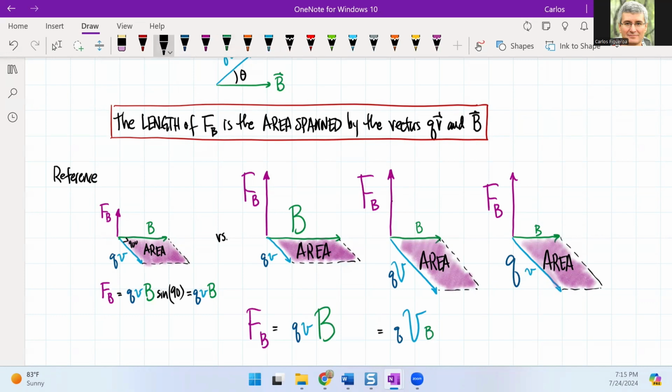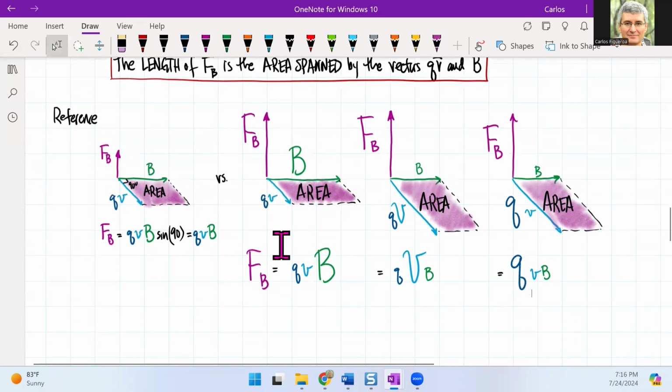And then in this situation, we had a large charge while having a smaller speed and a smaller magnetic field. They all told me the same thing.